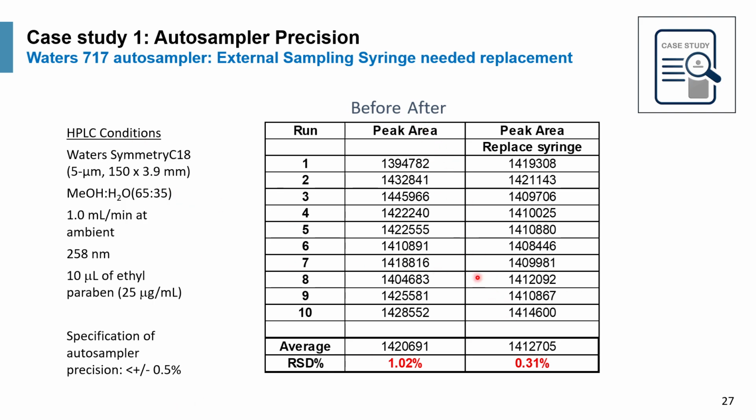After we changed the external sampling syringe, it went back to 0.3, which passes the OQ. But even 0.3 is not that great, because most modern autosamplers have no problem doing 0.2% RSD daily.